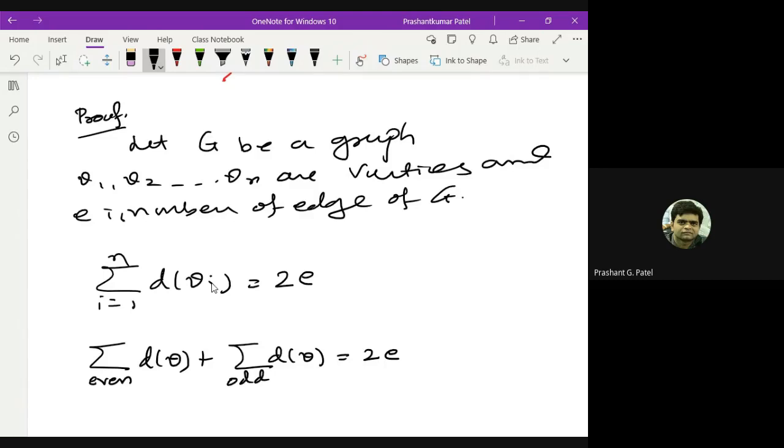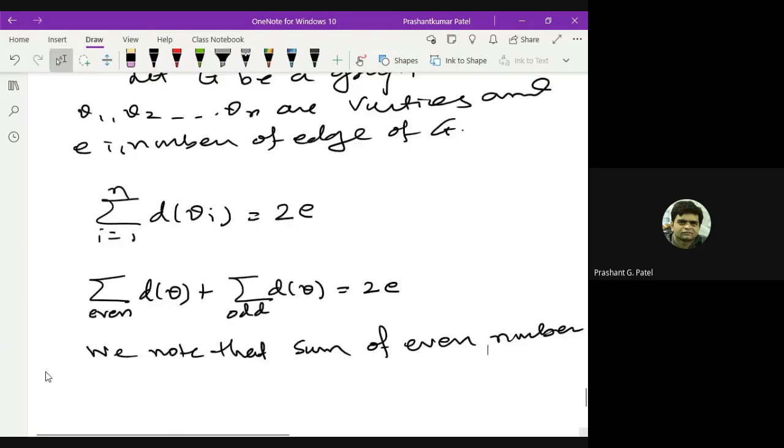A sum of even numbers is always even; any two even numbers you add give an even number. So we can note that the sum of even numbers is always even.